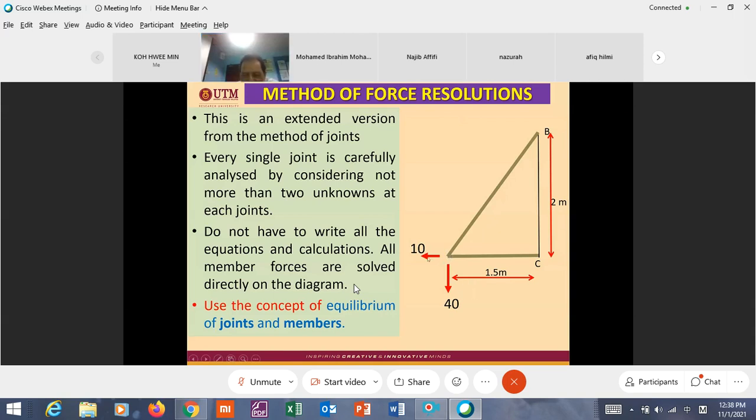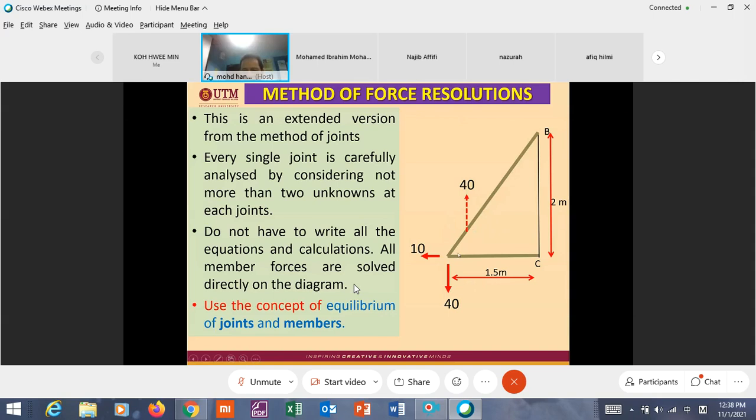The first step is joint equilibrium here. When you have 10 and 40 here, there must be another force in the opposite direction to this force. For this 40, you must have another force here, and this 40 should be provided by this member force.